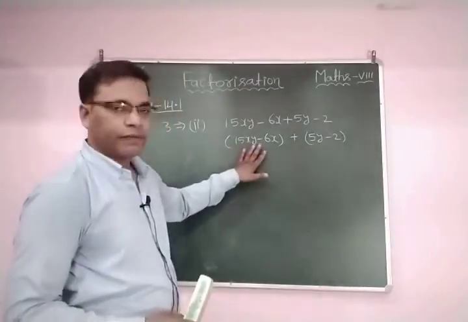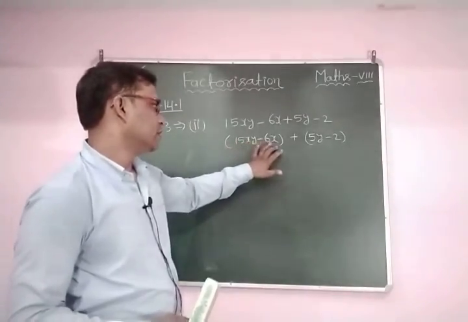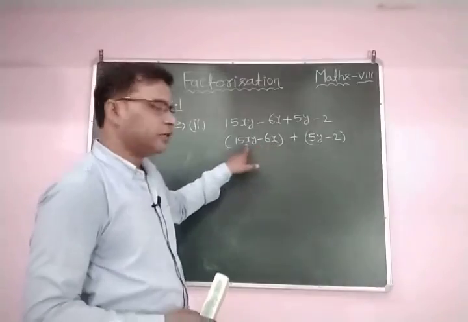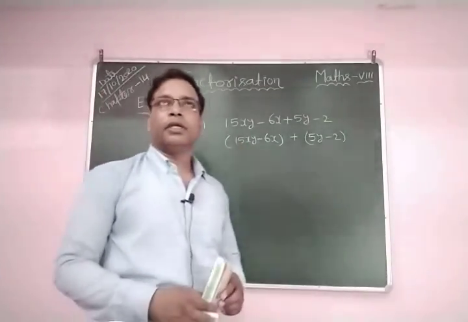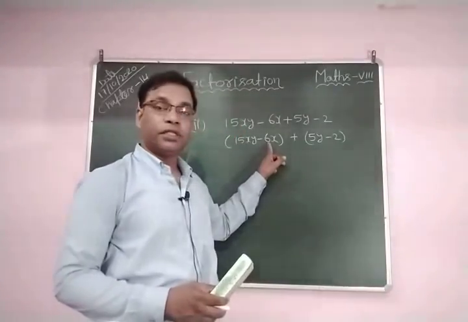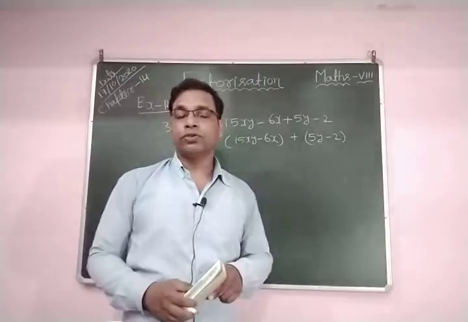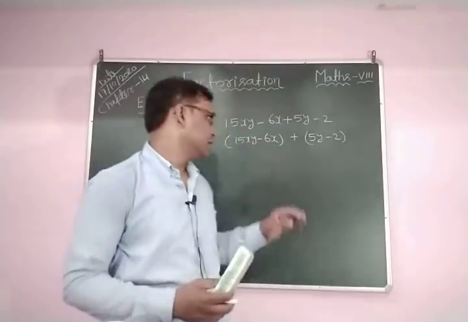What is common in the first bracket? You observe 15xy and 6x. First, x is common between them. Also, 15 is 3 into 5 and 6 is 3 into 2, so 3 is common too.